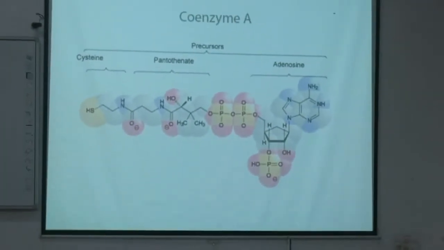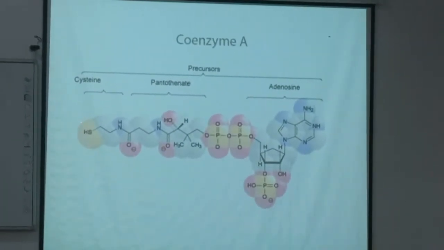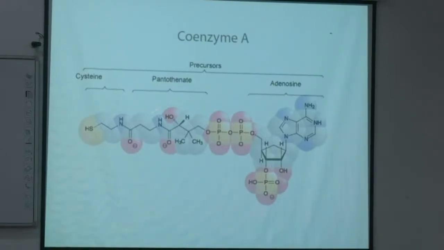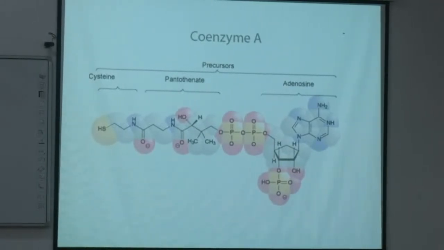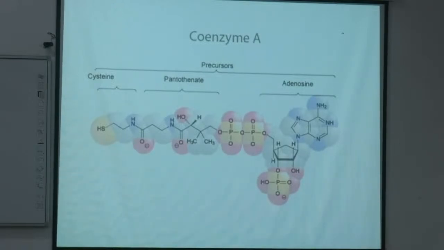Now this is the structure of coenzyme A. This SH is very important. Now fine, we come to this part: pantothenic acid in the middle, and on the right side, this is adenosine. They are called coenzyme A. This is a part of a nucleotide.